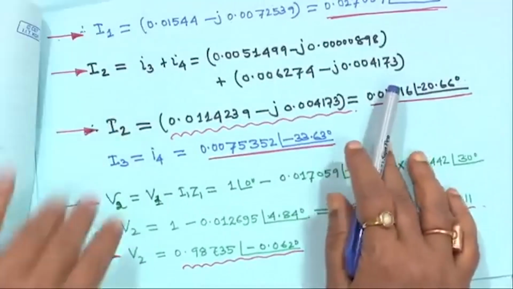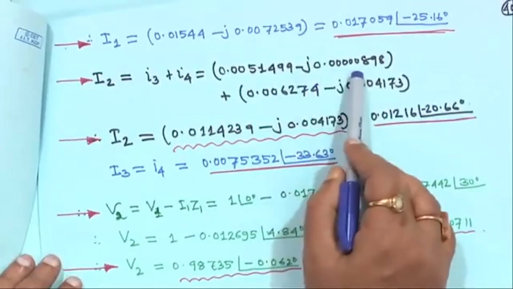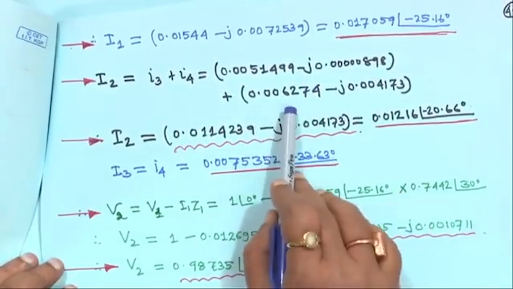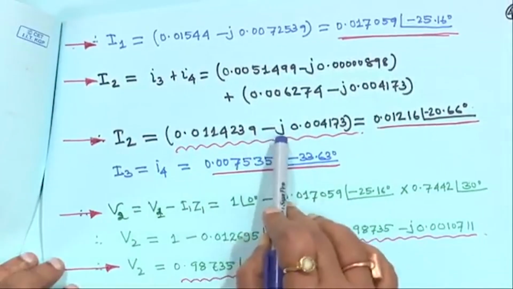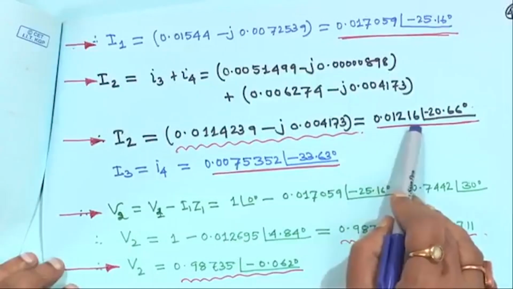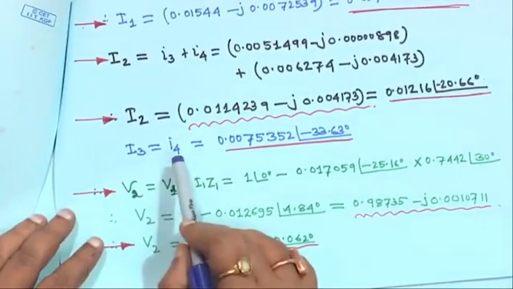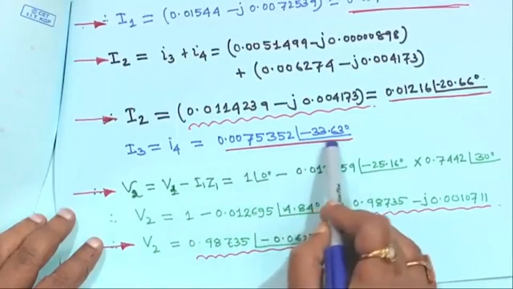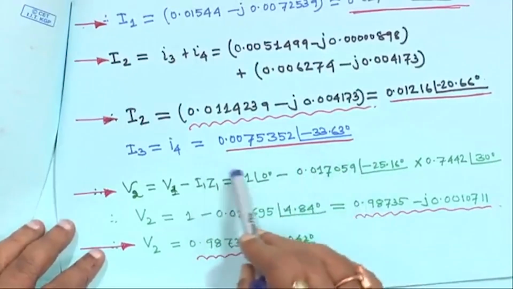Similarly, capital I2 is equal to small I3 plus I4. This part is actually negligible for I3, but still I have written here, plus this one I4. If you simplify, it will become 0.01216 angle minus 20.66 degree. Similarly, capital I3 is equal to small I4 is equal to 0.0075352 angle minus 33.63 degree. So, this is all I1, I2, I3.